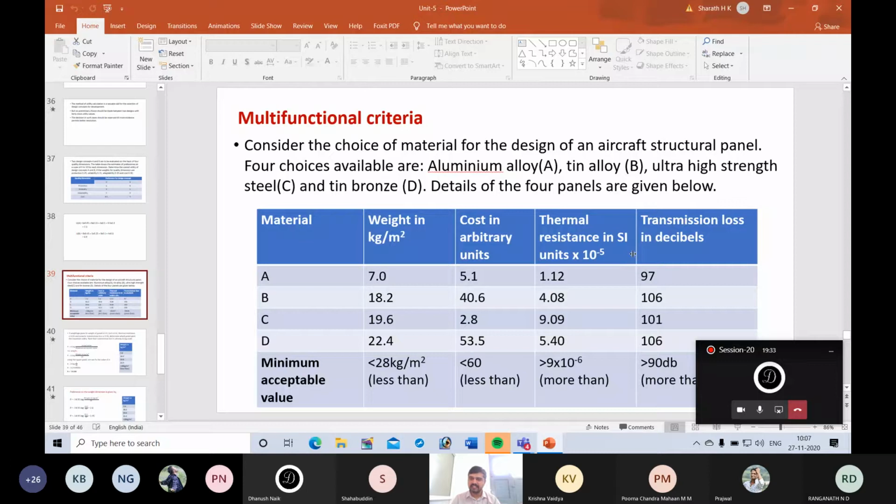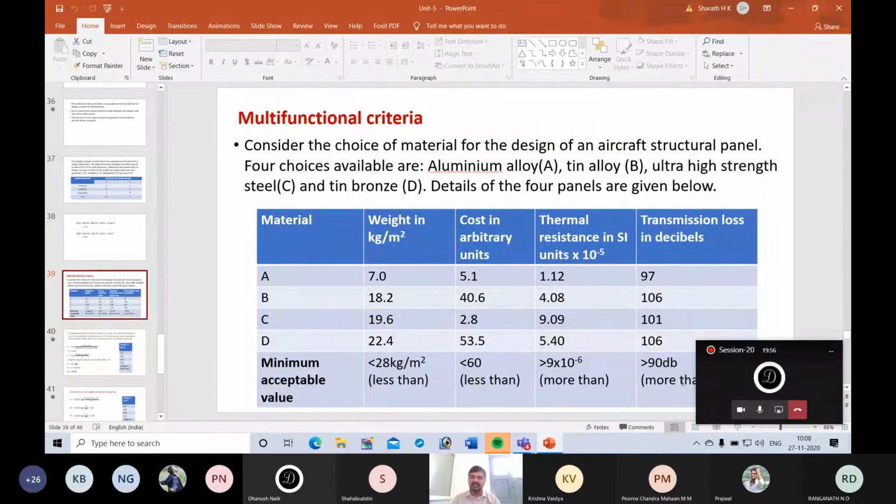Similarly transmission loss: in order to avoid noise inside the aircraft, if the transmission loss is more, that is desirable. If you consider thermal resistance, material C is desirable. If you consider transmission loss, materials B and D are desirable.